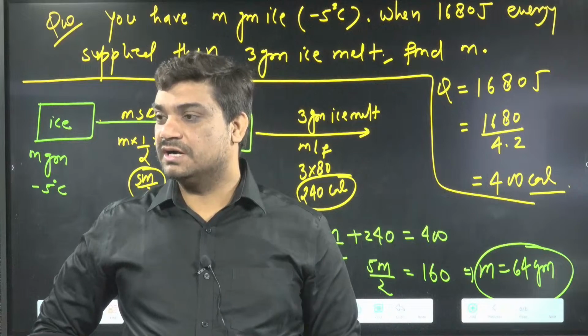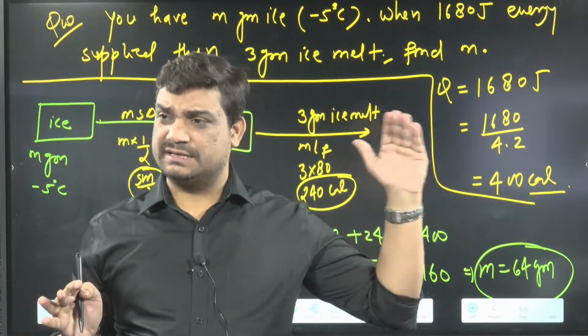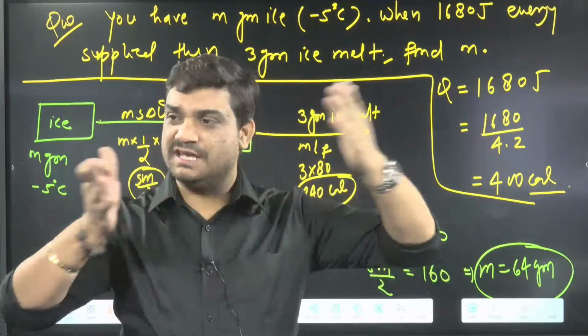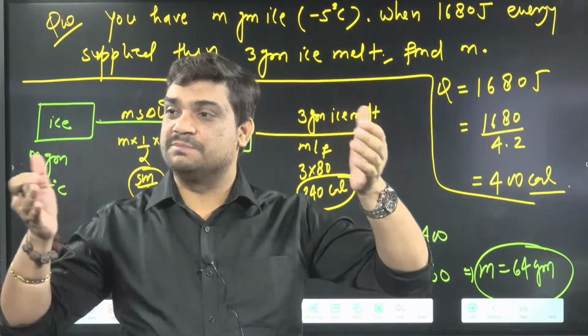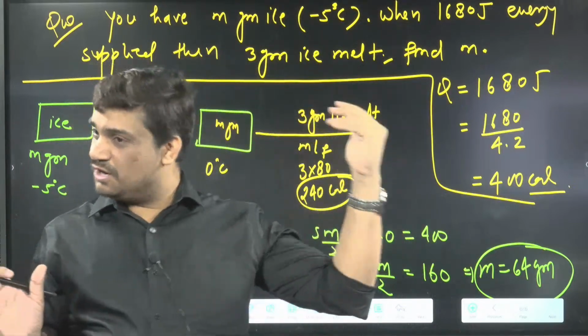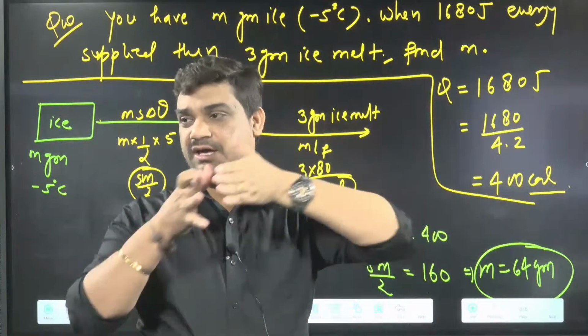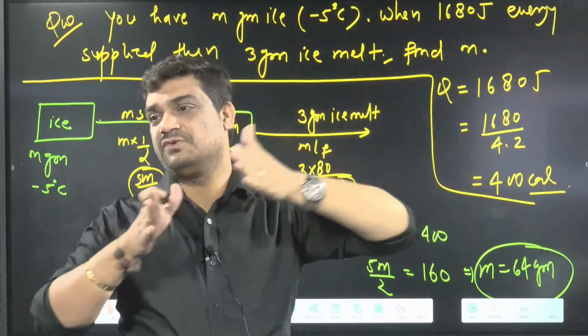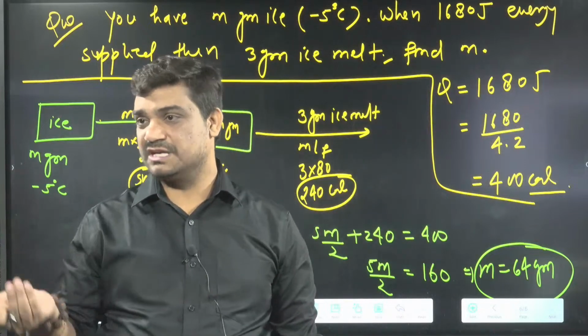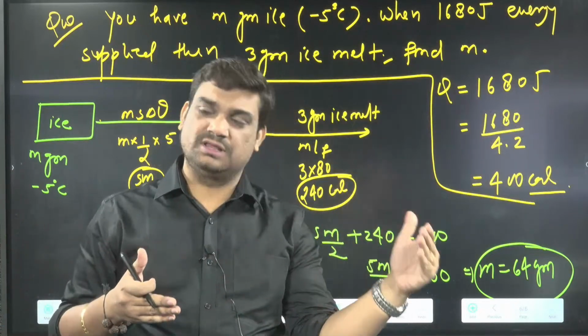Is there a shortcut? No shortcut. You can do it like this: ice to water, water to steam. This process is the same. For a shortcut, you can just minimize those steps, but the process will remain the same. You have to follow all the steps. If you miss any single step in the calculation, somewhere a mistake will be there.